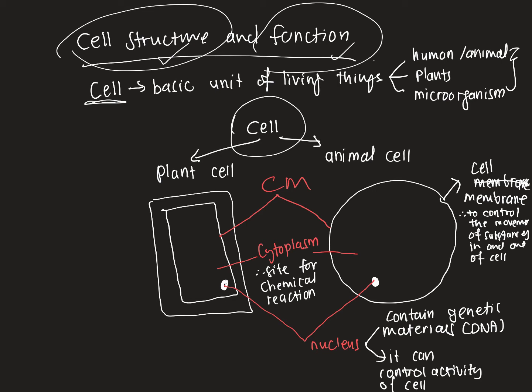Okay, ada lagi satu yang kita belajar juga, mitochondria. Okay, so kita pakai warna merah lah. Okay, so saya lukis kat sini. Sekejap, padam sikit. Okay, mitochondria. So mitochondria ni bentuk dia macam sausage sikit.